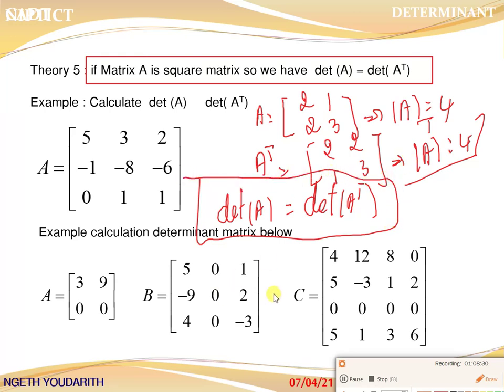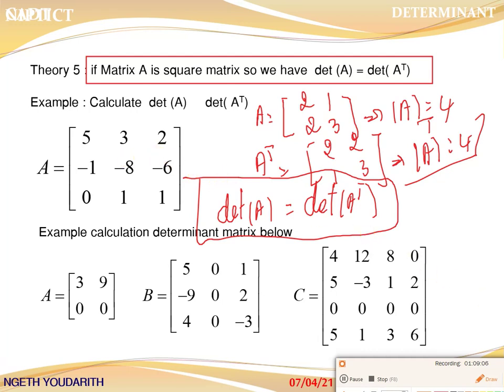And the other is also the same. For example, when we have this one, we have 5, 3, 2, minus 1, minus 8, minus 6, 0, 1, 1.